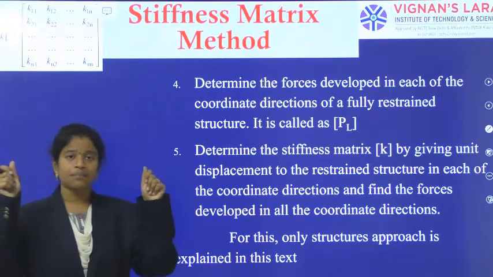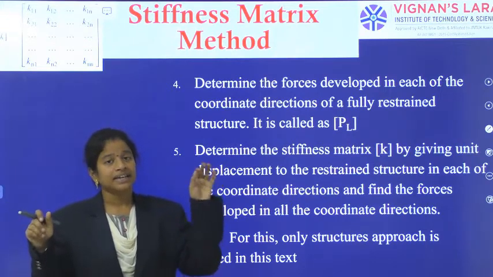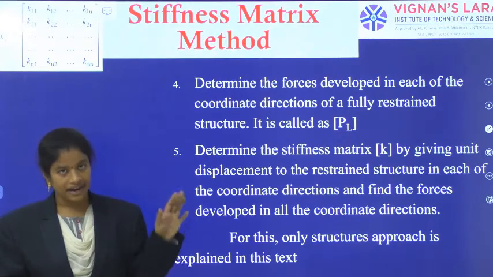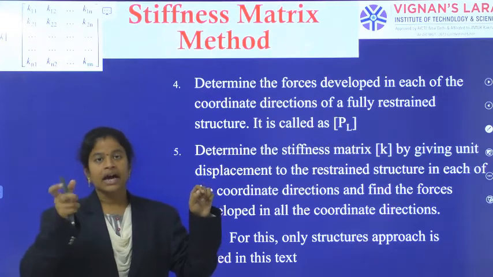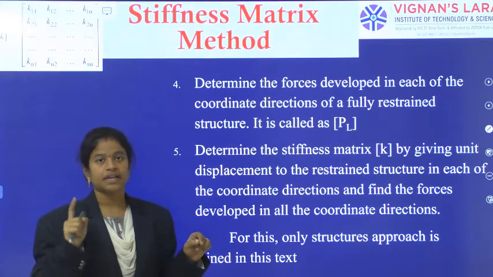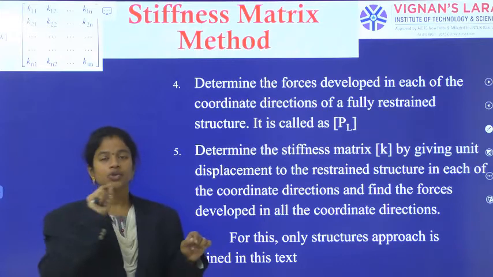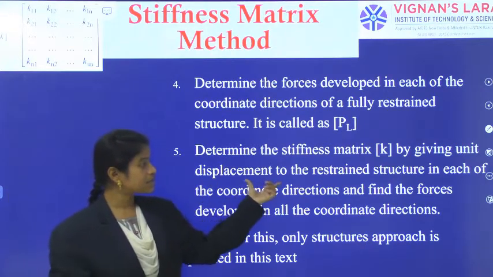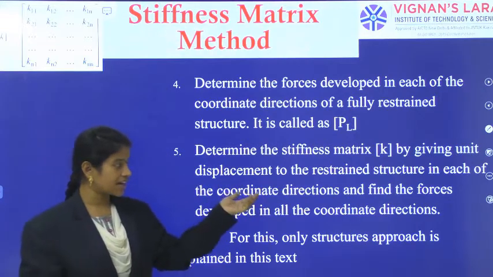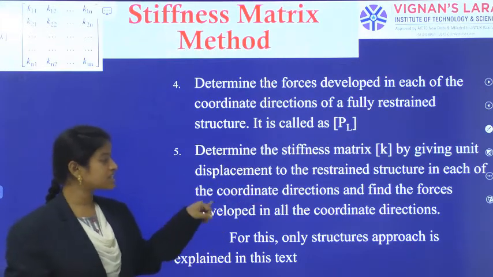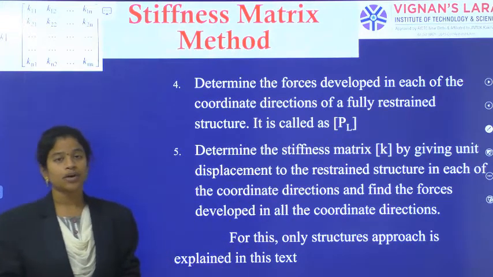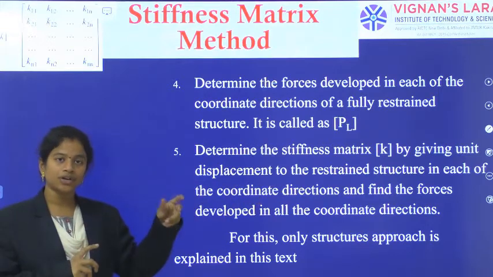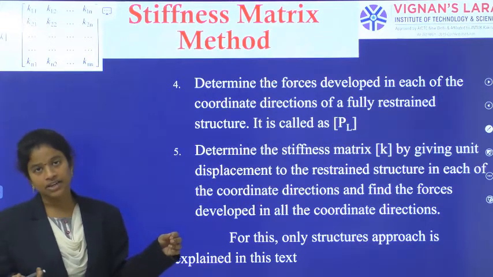After keeping the structure restrained and calculating PL due to load, at the coordinate we apply one unit displacement and calculate the corresponding stiffness terms K of the particular force. When I give unit displacement, I have to calculate the force developed in that coordinate direction.